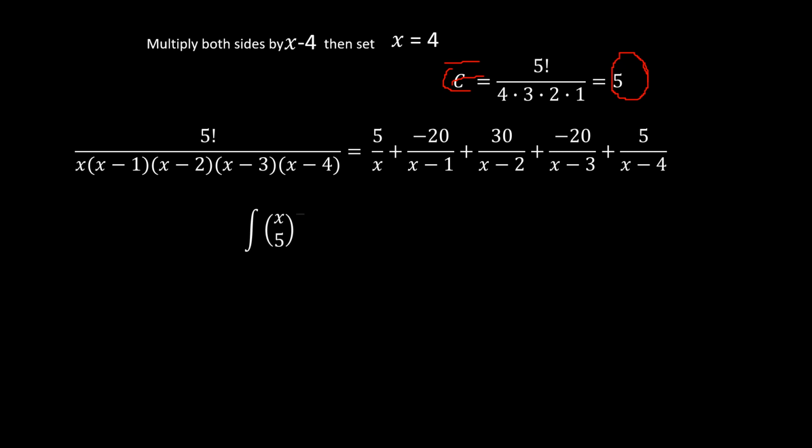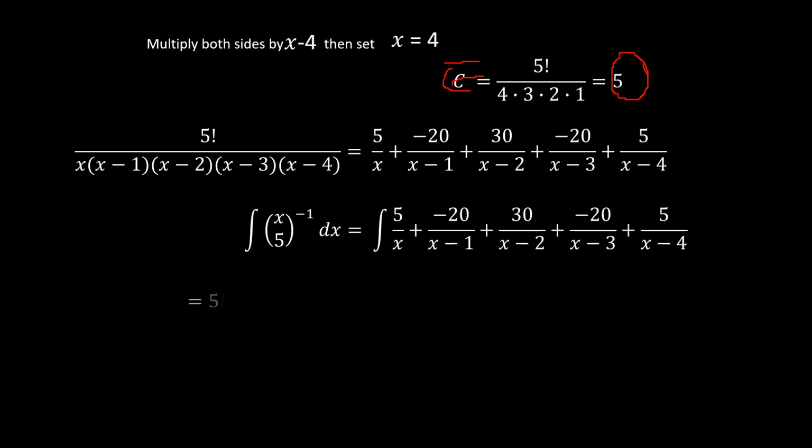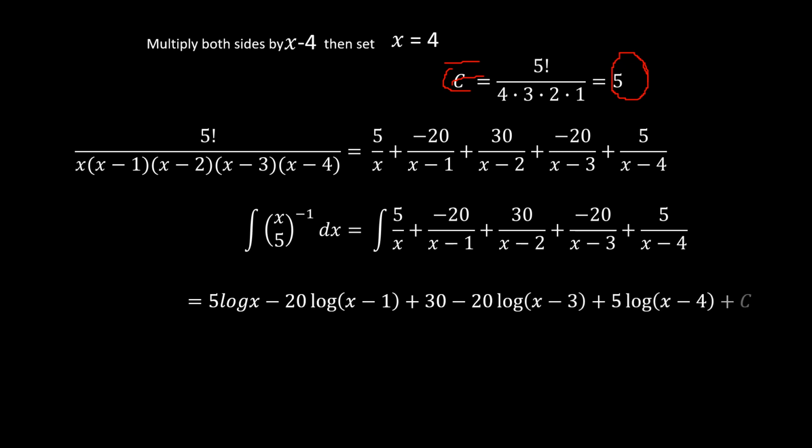And so when we integrate that inverse of the binomial coefficient of x and 5, we get 5 natural logarithm of x, minus 20 natural logarithm of x minus 1, plus 30 natural logarithm of x minus 2, minus 20 natural logarithm of x minus 3, plus 5 natural logarithm of x minus 4.